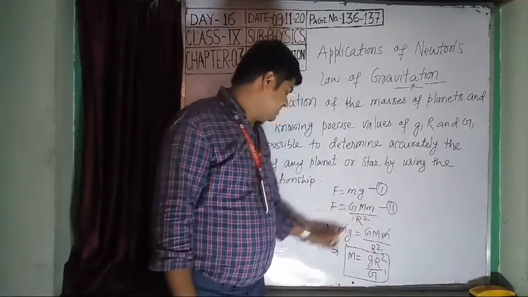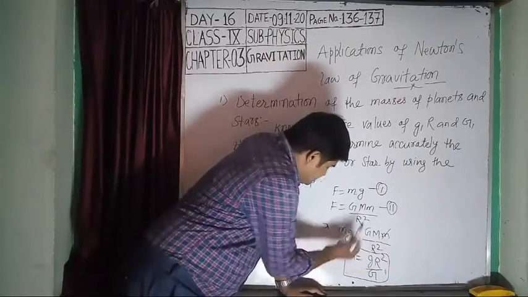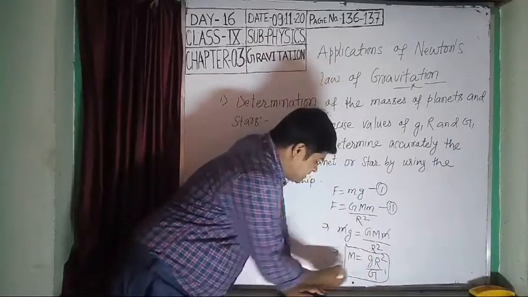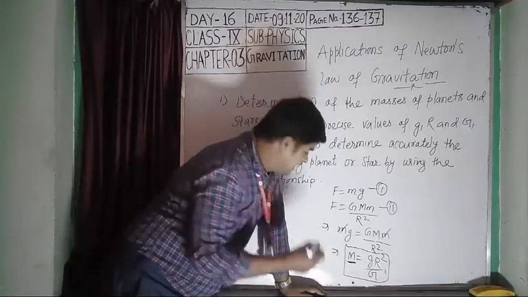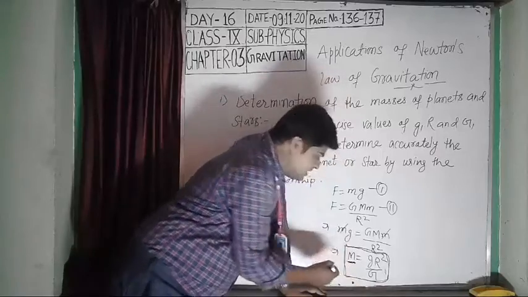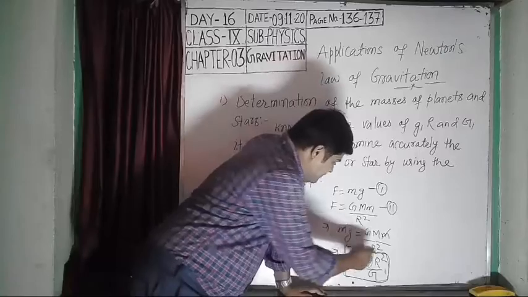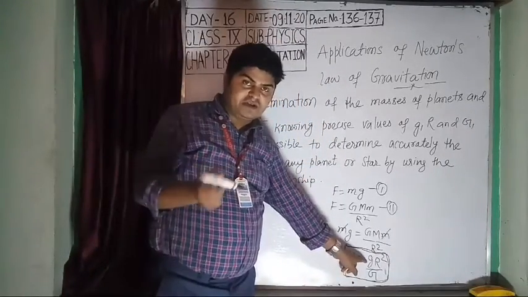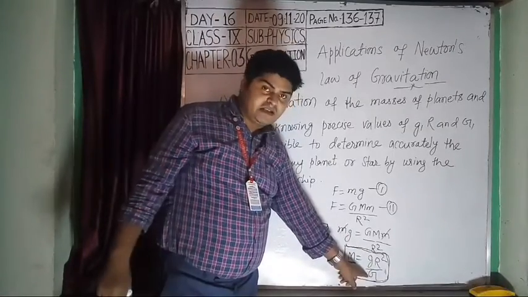Small m cancels out, then M is equal to small g r square by capital G. This is the mass of Jupiter, that means the mass of that planet. So from this relationship, capital M is equal to small g capital R square by capital G, you will find the mass of any planet, where small g is the acceleration due to gravity on that planet, R is the radius of that planet and G is the gravitational constant.